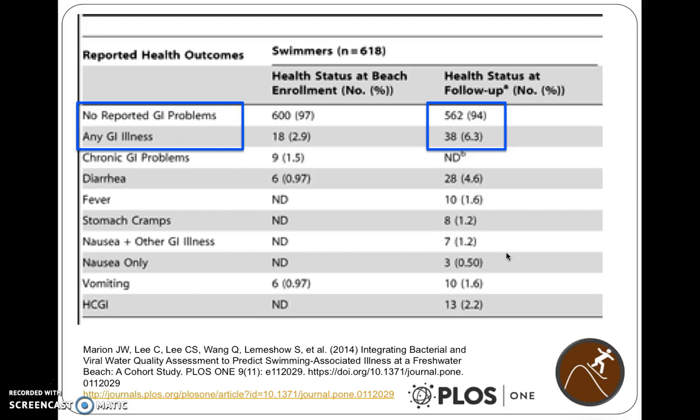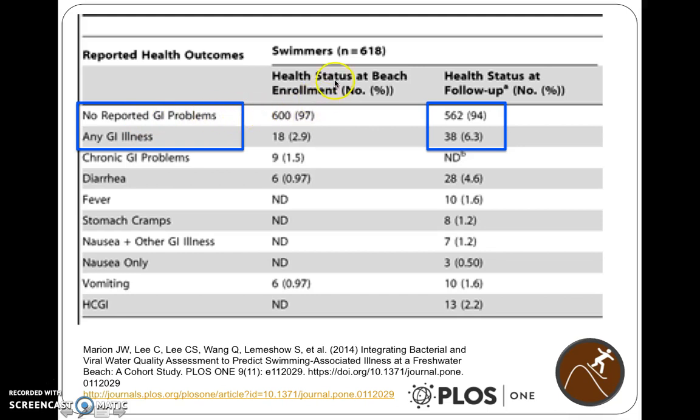So you can see some of this show up in health literature. This is a study that was looking at bacterial water quality and viral water quality to predict swimming-associated illnesses at a beach. In this particular study, we've got data on gastrointestinal problems, like diarrhea and vomiting.